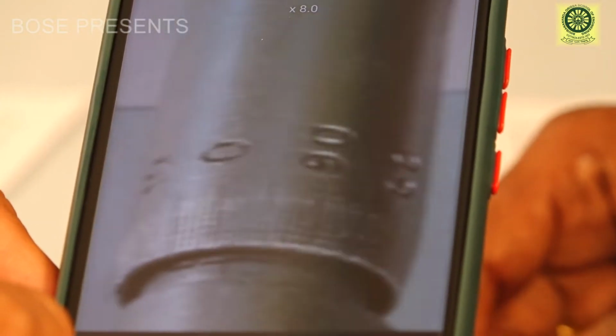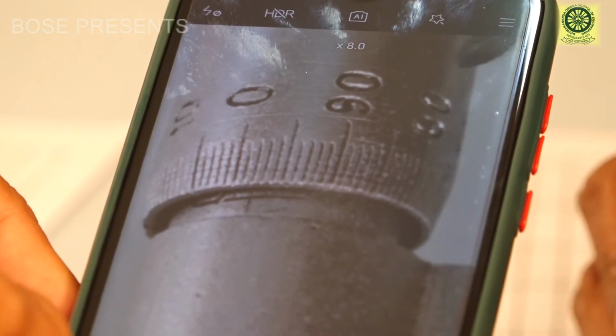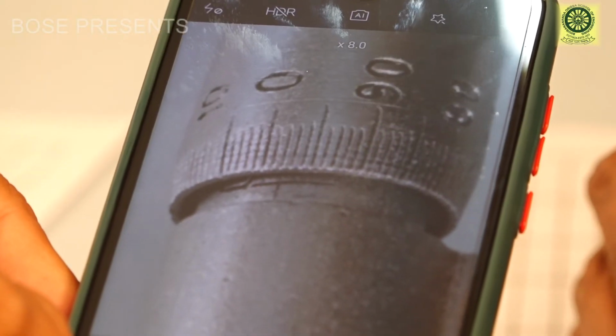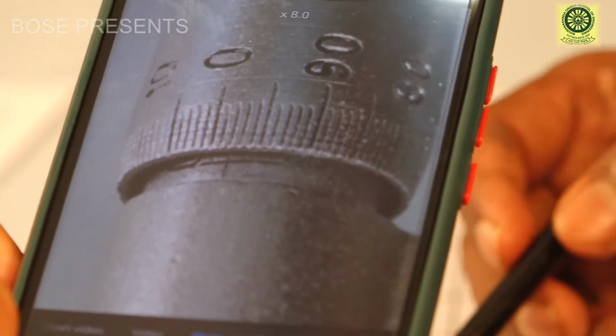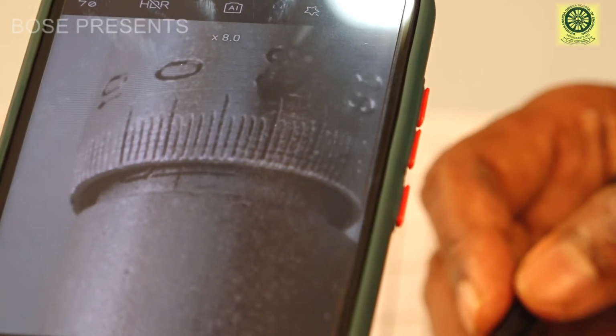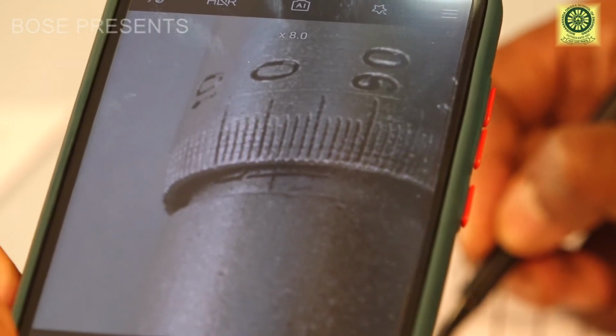Now after 3 complete rotations, the final circular scale reading is 98. So the final circular scale coincidence is equal to 98.